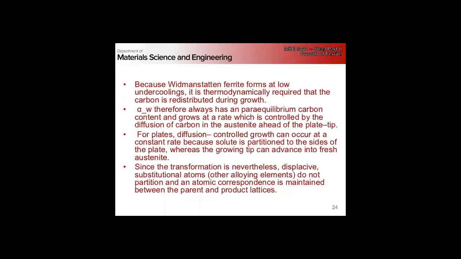Carbon does distribute, and we think about the partitioning. So we've got an anisotropy between the sides of the plates and the tip. At the tip we're growing into fresh austenite, whereas for the sides to grow, we're going to need to partition carbon out.